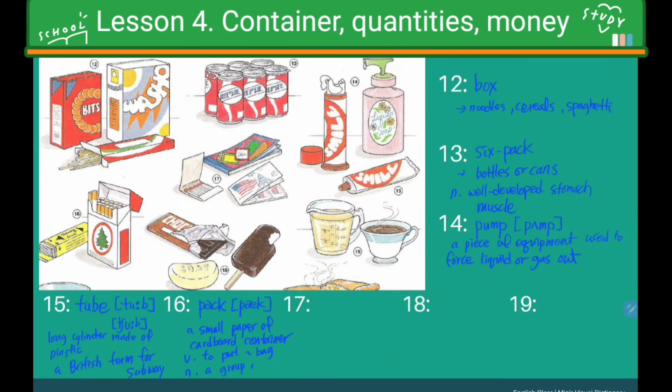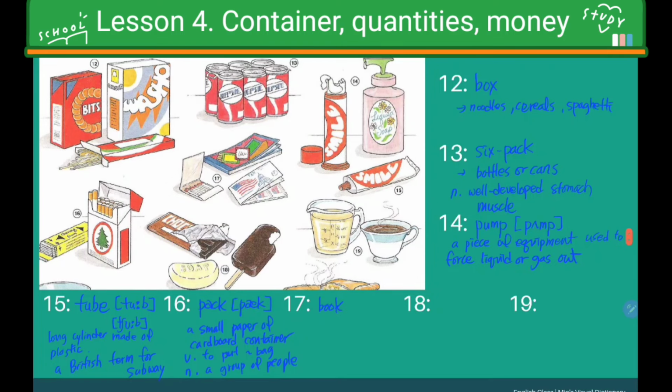And number 17, we have little thin layers of papers, and that we call book. Book.